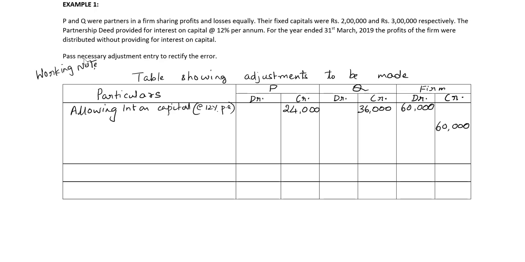The profit sharing ratio is equal, so I put 30,000 debit of P, 30,000 debit of Q, and when we debit the partner, it is called reversal of profit.